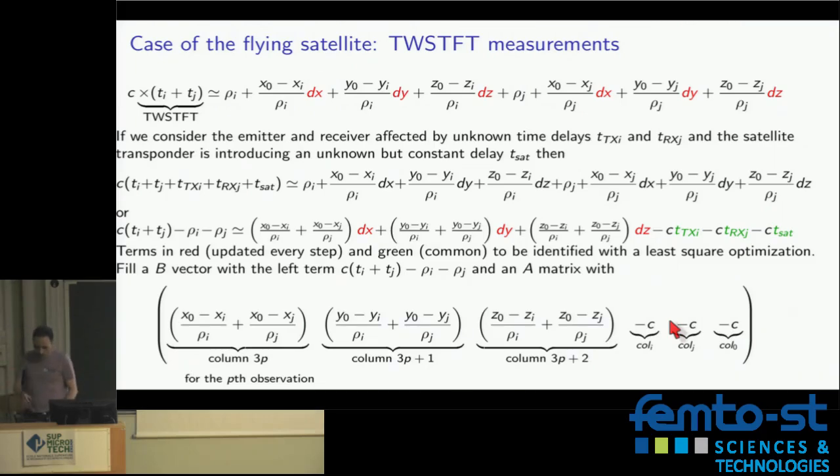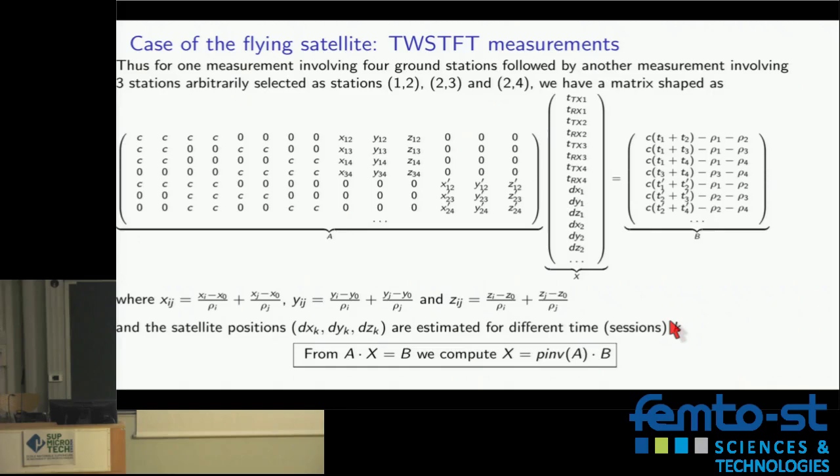So to try to put something concrete in all this discussion, this is actually what your matrix looks like. So you see we want to know these quantities, which are the time delay of a transmitter on observatory number 1, the receiver number 1, transmitter number 2, receiver number 2, all the observatories. So these are all the things that you will find for all observations.